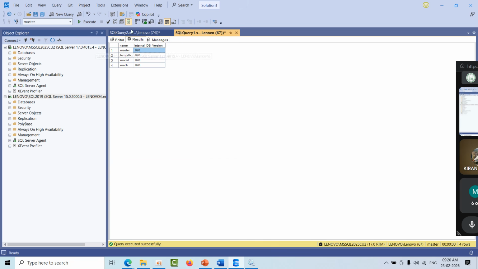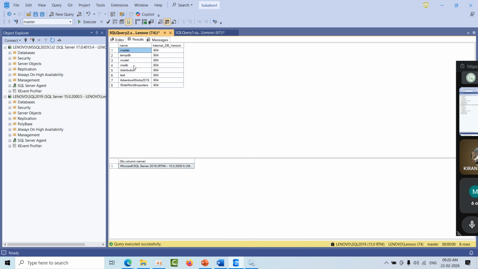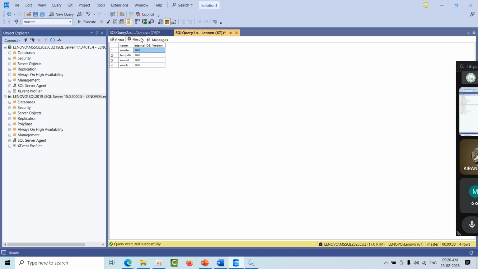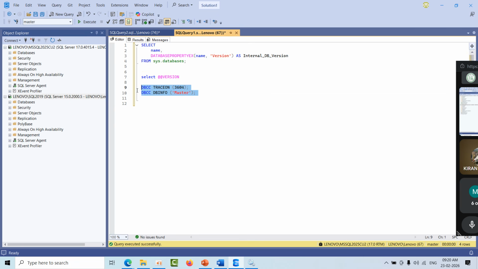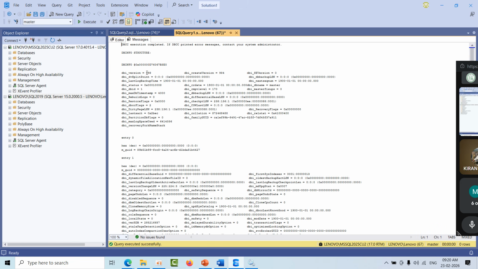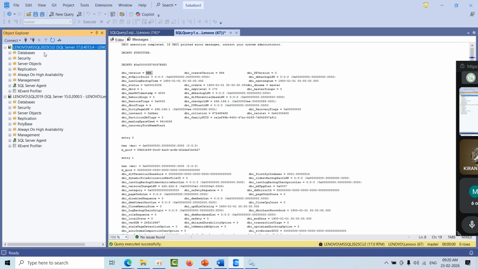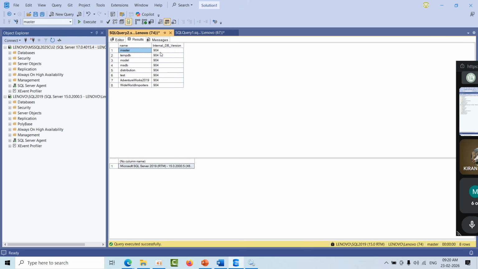In the same SQL Server, sometimes the version gets changed because of the CUs as well. Now we can use DBCC TRACEON 3604 and DBCC DBINFO for master, and you can see the database version here as well. That's the reason you cannot restore higher version databases into a lower version, because of the database version. This is not important, but important to know if we have that information with us.